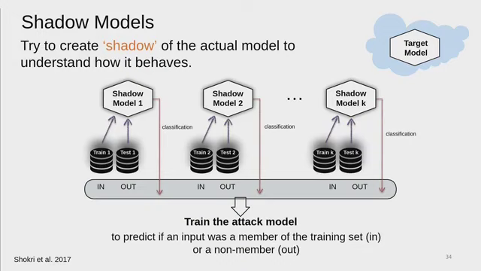We can create a first shadow model, use this to test, and see the quality of results that we get. Then a second shadow model, third, fourth, fifth, and so on. So the idea here is we've got this target model up there, and we try to infer what kind of data was actually used to train this target model.